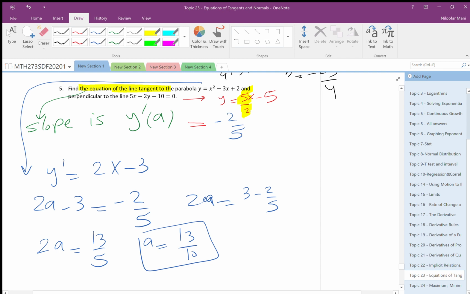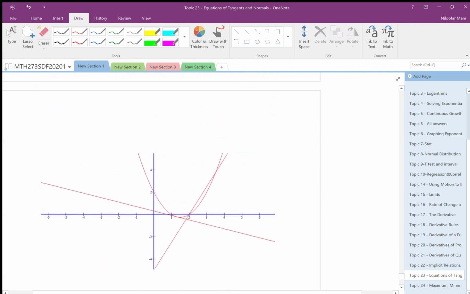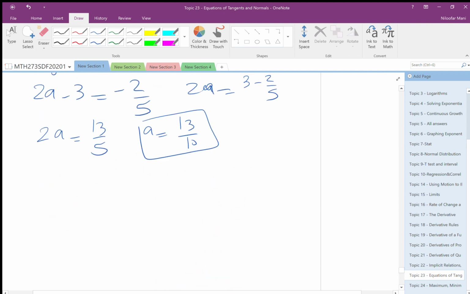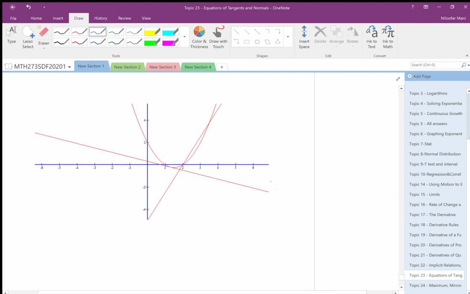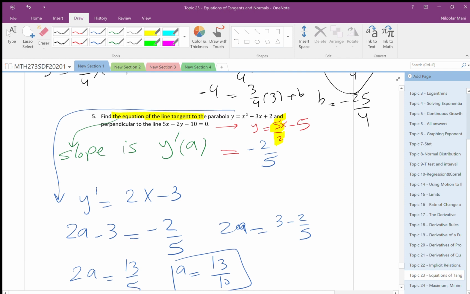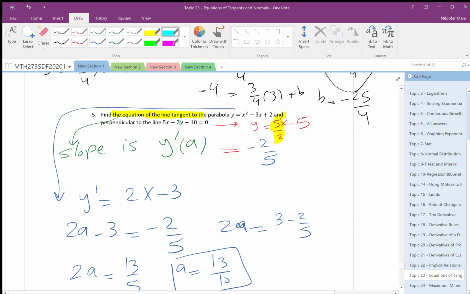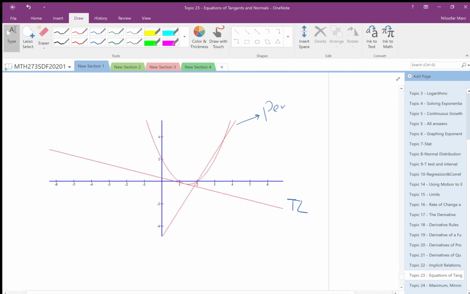Here I can substitute and find y. Look at this. It says tangent line, so this is the tangent line, and this is the perpendicular line. Maybe I can give it a name, make it blue here. The slope is positive and acceptable here, it's going up, so this is my line.